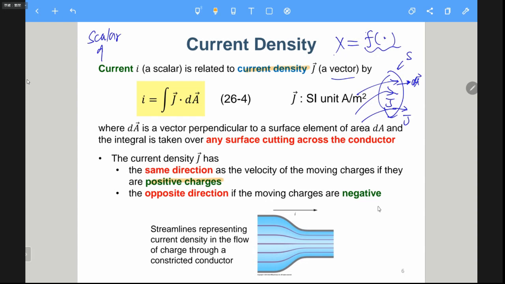Actually, in chapter 28 we will learn the Hall effect, which is an experiment showing that the moving particles inside the conductor are negative charge rather than positive charge. You will learn it in the next chapter.